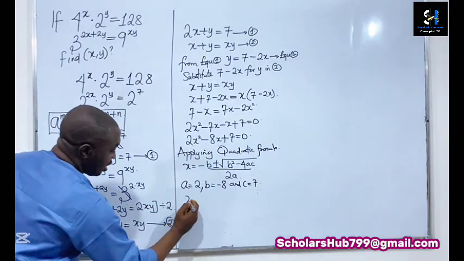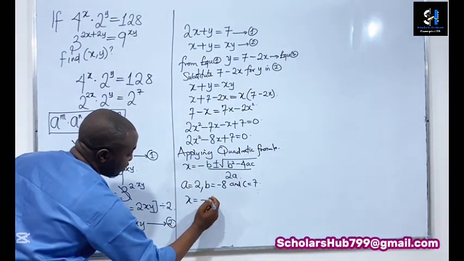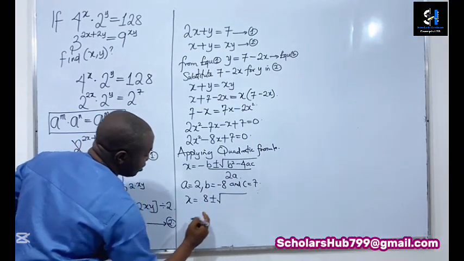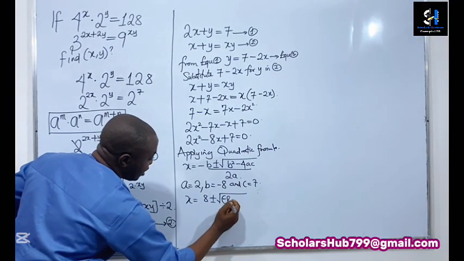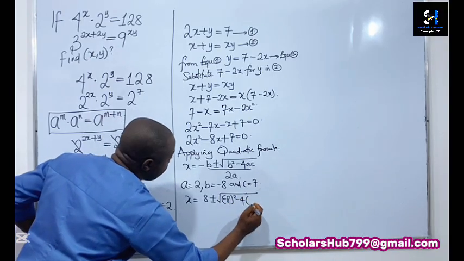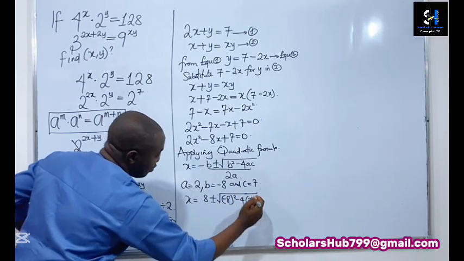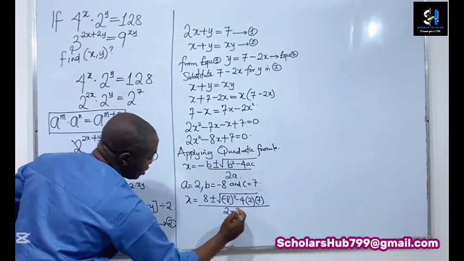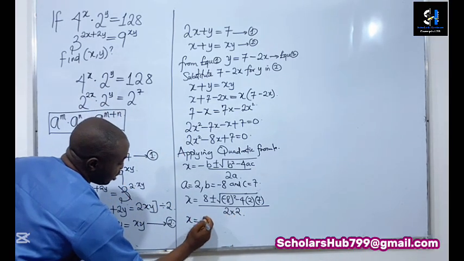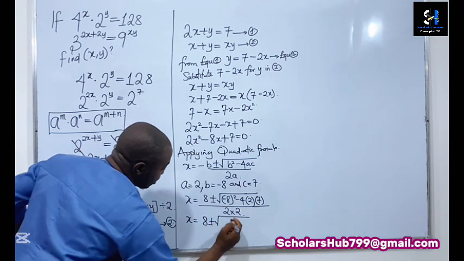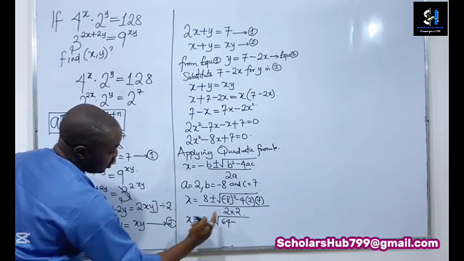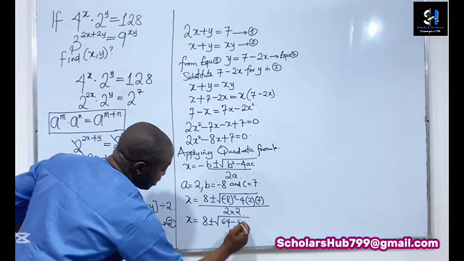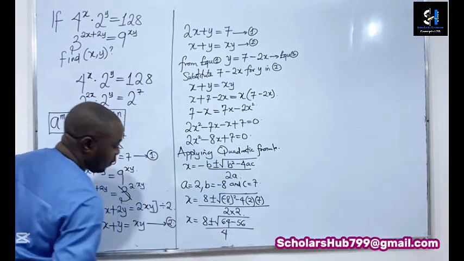So now x will be minus negative 8, that will be plus 8, plus or minus the square root of minus 8 squared minus 4 times a, which is 2, multiplied by c, which is 7, divided by 2 times a, which is 2. So x will be equal to 8 plus or minus the square root of 64 minus 4 times 2, that's 8, 8 times 7, that will be 56, divided by 4.